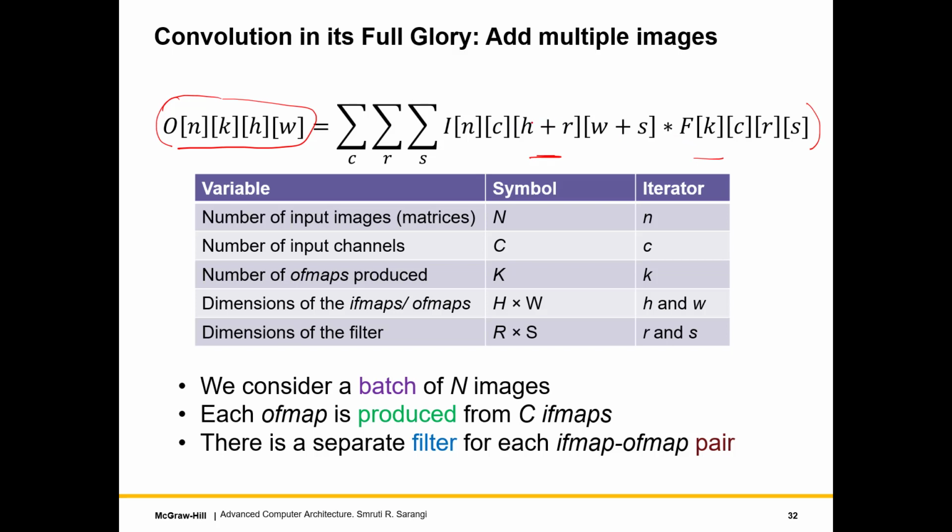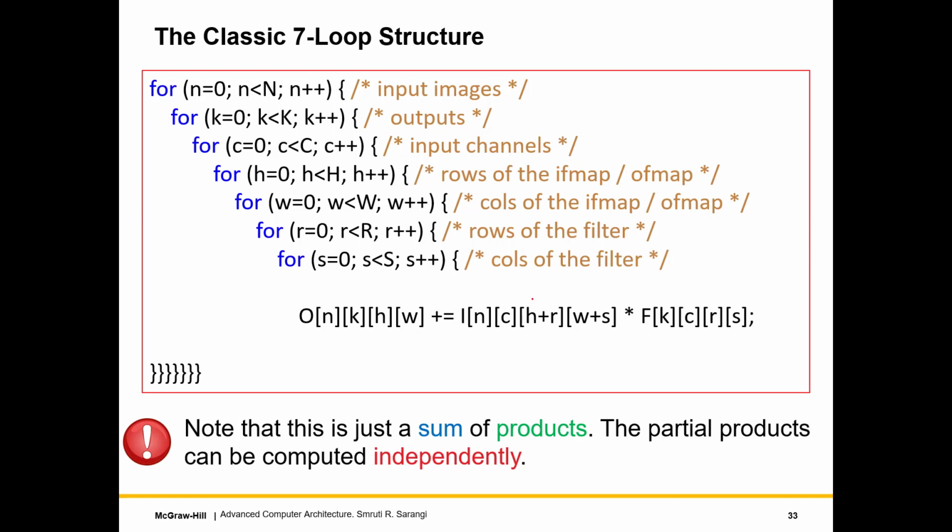Initially we are choosing the image, then the output channel, then we are iterating through all the input channels. Then for each input channel, we are iterating through all H, W, all the pixels, and for each pixel, we are again iterating through all the elements of the filter, right?